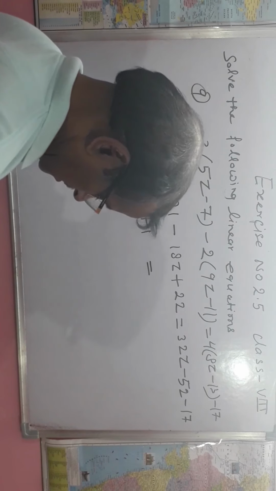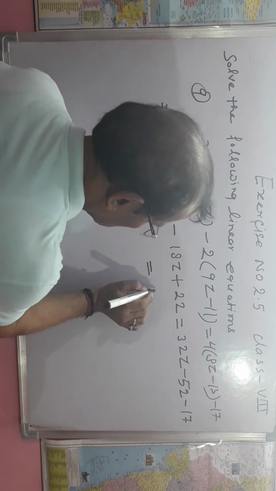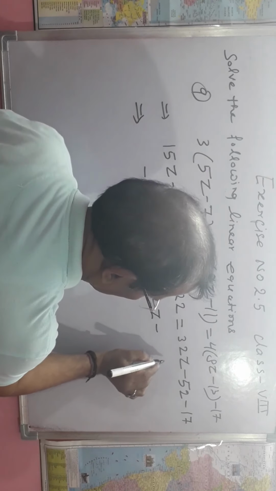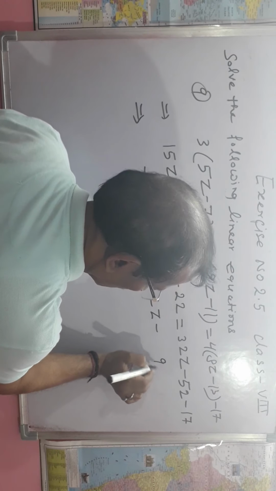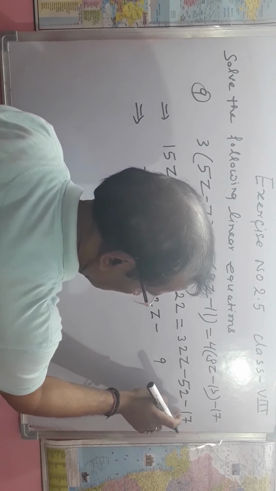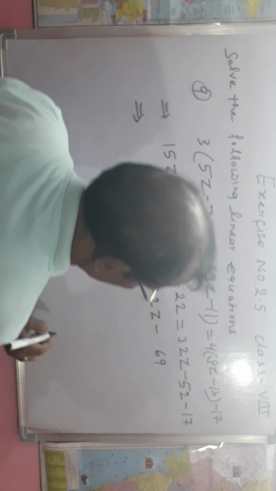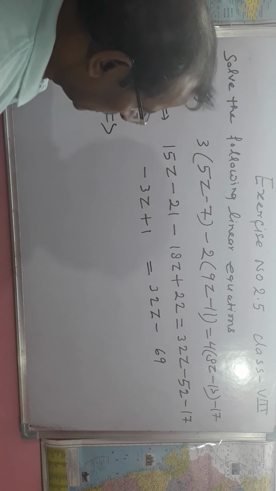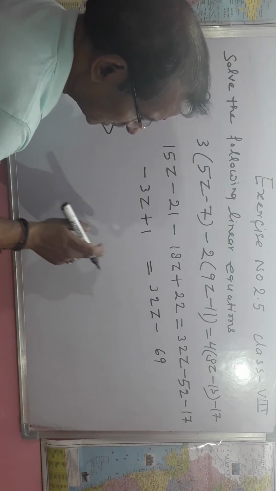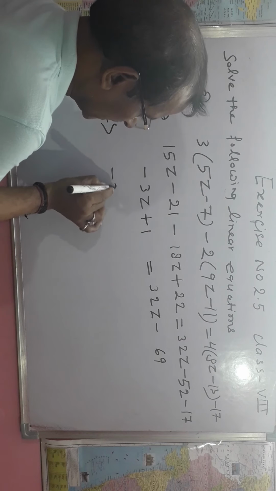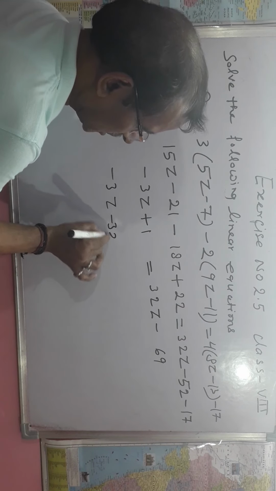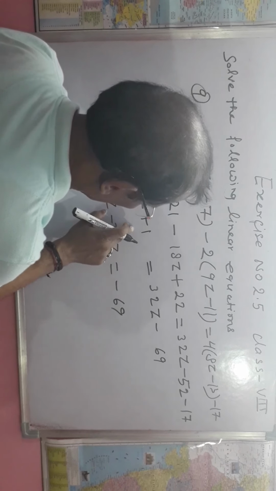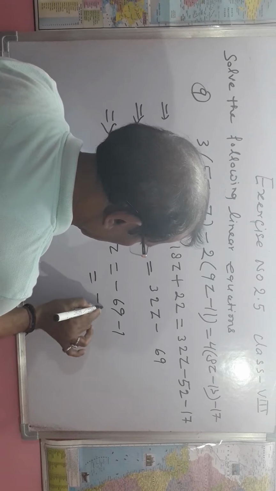32z minus 52 minus 17, we should add 2 and 7, 9, 1 and 6, we get 69. Then we bring this 32z over: minus 3z minus 32z is equal to minus 69 minus 1, we get minus 70.